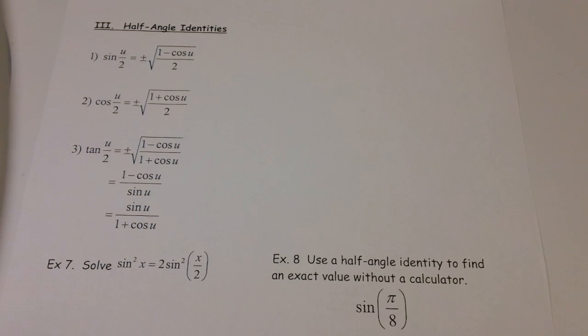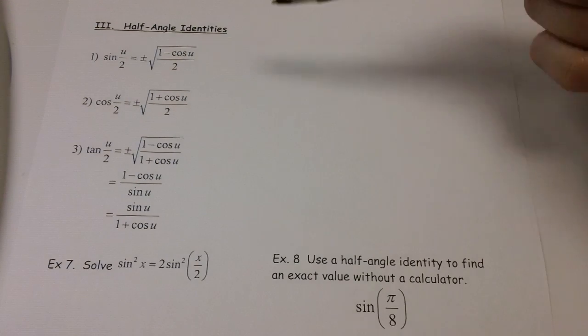The cosine of u over 2 is equal to plus or minus the square root of 1 plus cosine of u over 2. And the tangent of u over 2 is equivalent to plus or minus the square root of 1 minus cosine of u over 1 plus cosine of u, which is equivalent to 1 minus cosine of u over sine of u, which is also equivalent to the sine of u over 1 plus cosine of u.